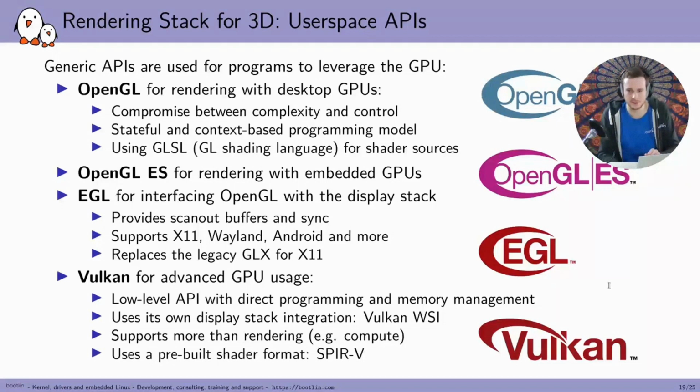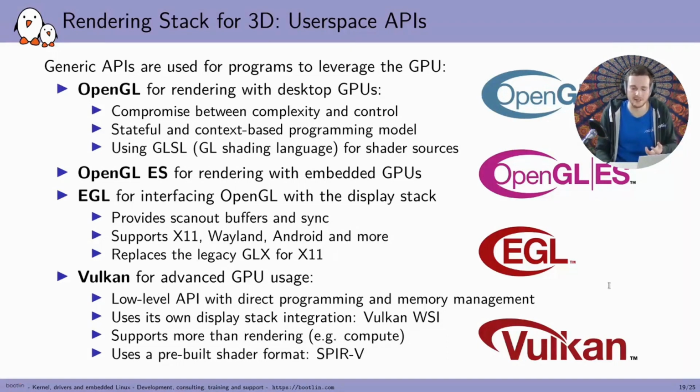Now, in order to send the shaders, it has its own shading language, which is called GLSL, for GL shading language. This is just a language that looks a little bit like C, and that allows describing the small programs, the shaders, that will be compiled and sent to the GPU.